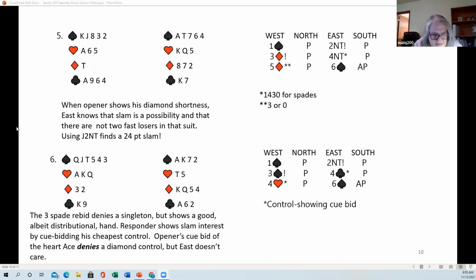This is not something that beginners need to be doing and thinking about, but you guys are all well past this stage. You're not ranked beginners anymore. And this is a very useful thing to have in your toolbox, but don't add it until you're ready. There's nothing worse than adding a bunch of conventions, sitting down to play bridge and having a brain freeze because you have so many new bids on your convention card that you have forgotten what everything means.